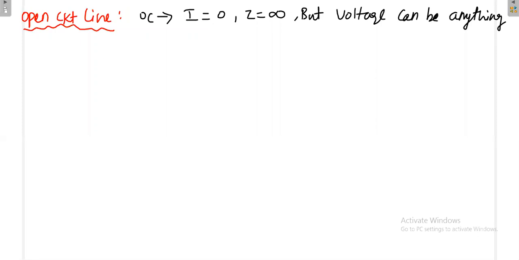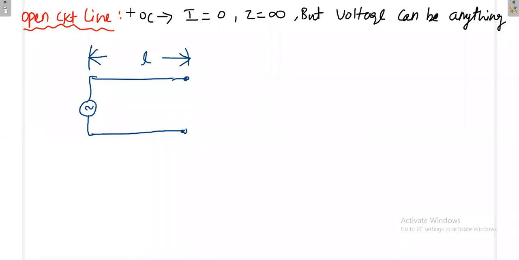Next, you take some line, the length can be of anything, but this is open circuit. At the load end we are not connecting anything, but at the source we are connecting some Vs. This is the length of the line. Now one thing is very clear. What is the current at the receiving end? Definitely that is zero.